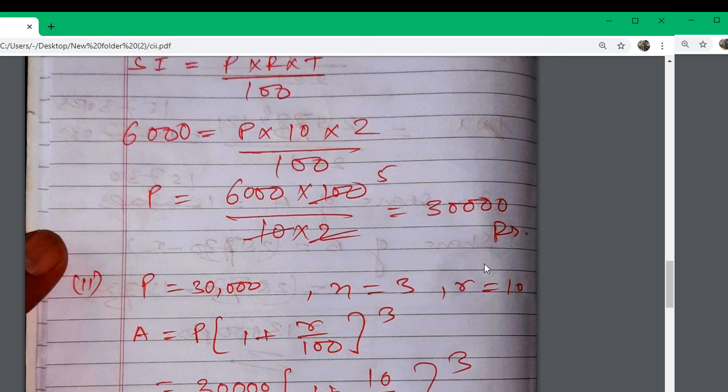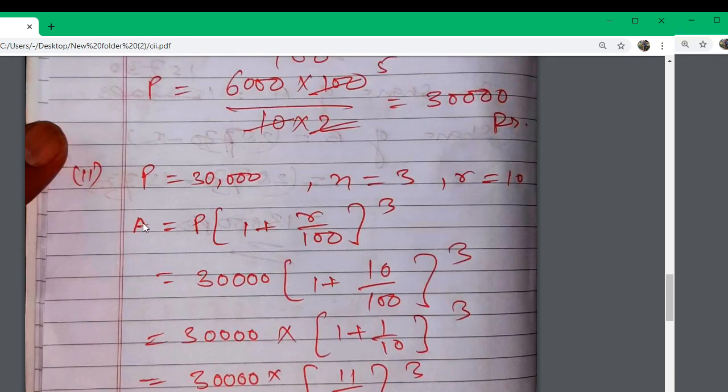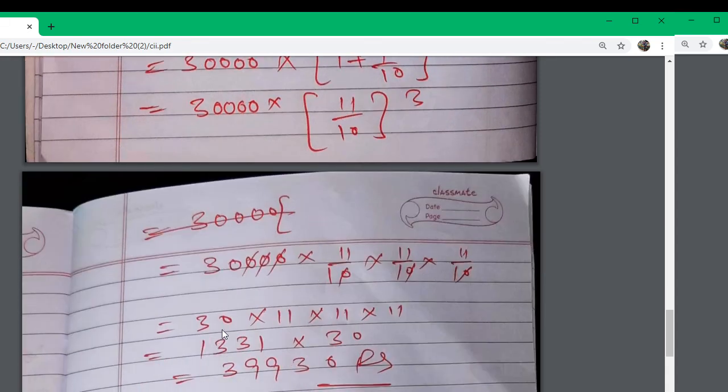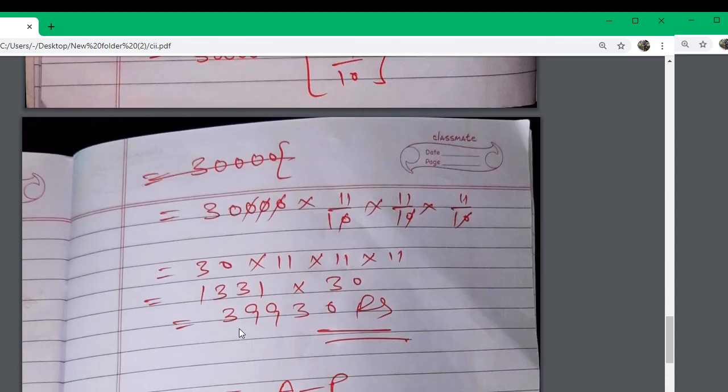Now you have to calculate the amount at the end of 3 years. Our principal is 30,000. The time given is 3 years. The rate is the same, 10%. So I have put the formula A is equal to P into 1 plus R upon 100 to the power n. When you solve this all, finally you will get the answer 39930.